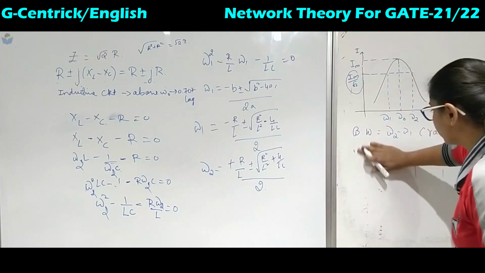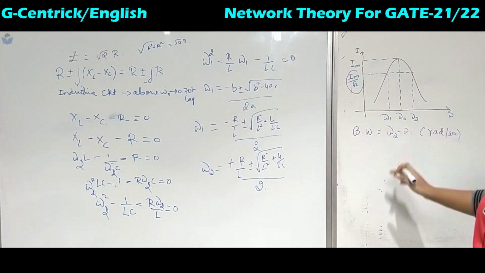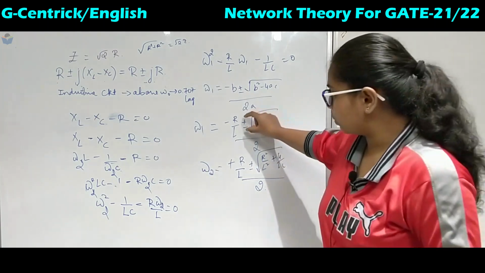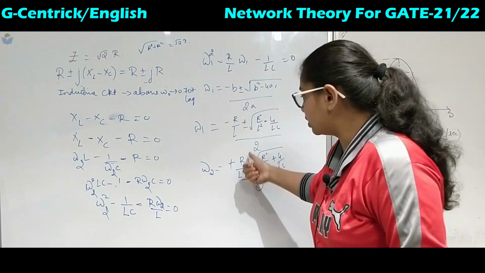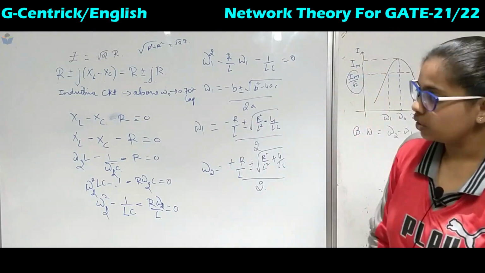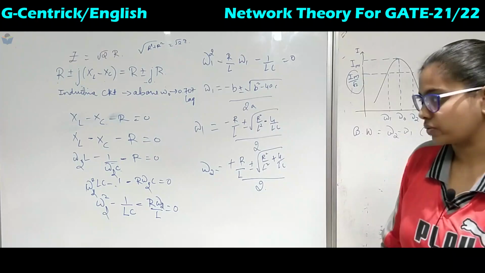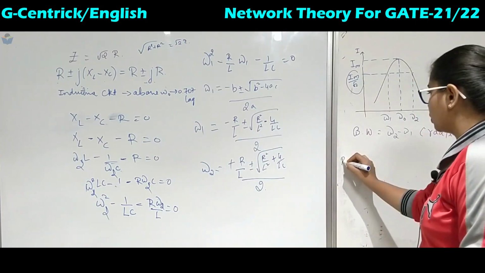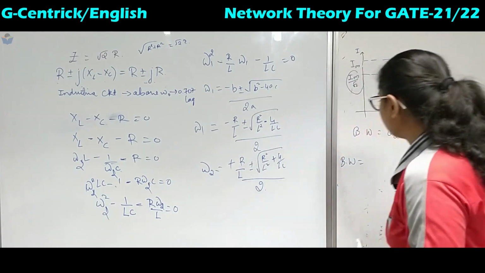Now if you calculate over here, when you substitute the values of omega 2 and omega naught, you may have a doubt that it is plus minus and plus minus. So which value do you have to take? You have to take the plus values, because resistance will always be positive. Now if we substitute in the bandwidth, what will we get?